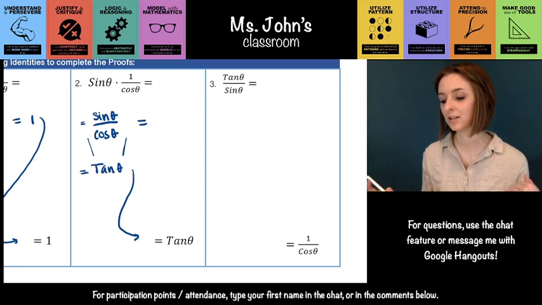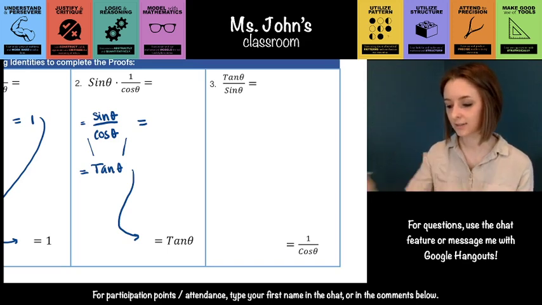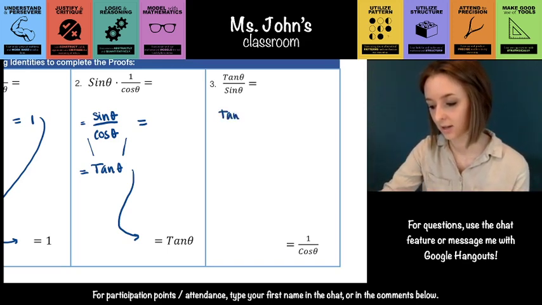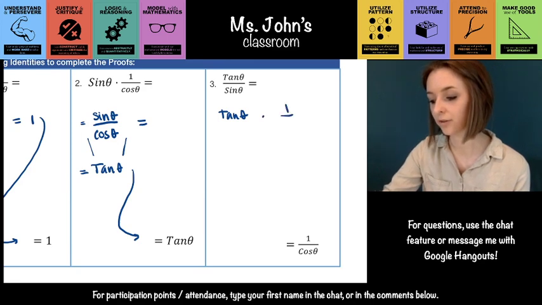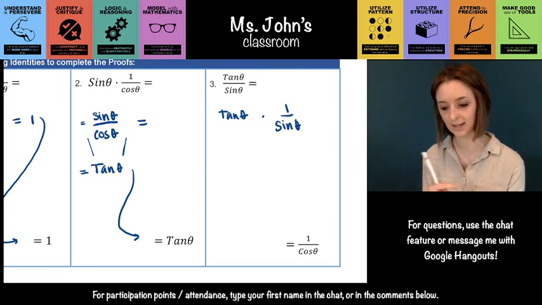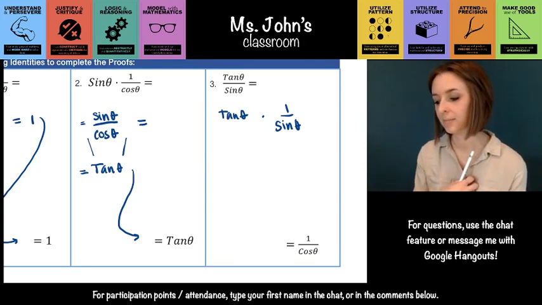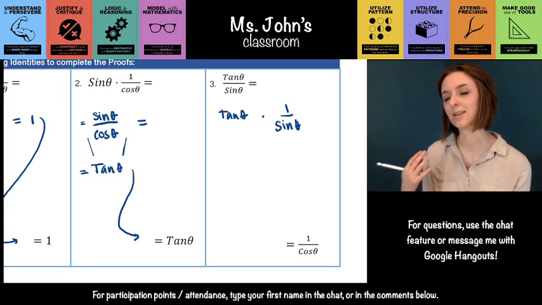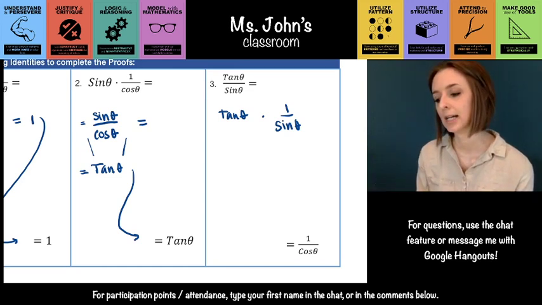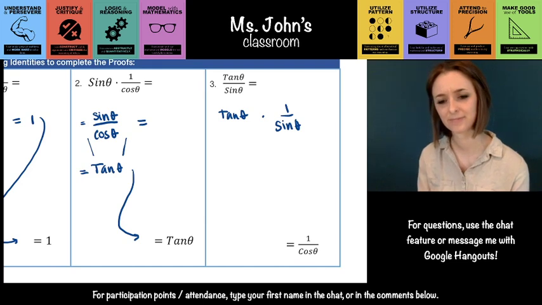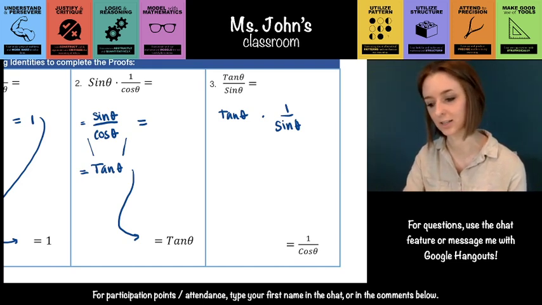So right now we have tangent of theta over sine of theta, but I'm going to rewrite it as tangent of theta times 1 over sine of theta. I'm kind of doing the reverse of what I did in the previous problem, because I want it to equal 1 over cosine, and so I know something is going to cancel, but I hate having a fraction over a fraction divided by another fraction.